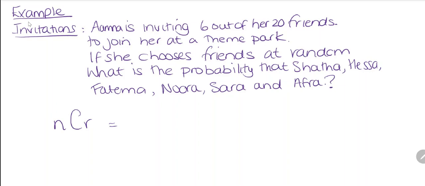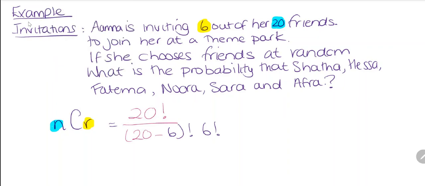So the number we have is 20 friends. So this is going to be 20 factorial divided by 20 minus r, where the possible choices we have is 6. So this is going to be 20 minus 6 factorial multiplied by r, which is 6 factorial.